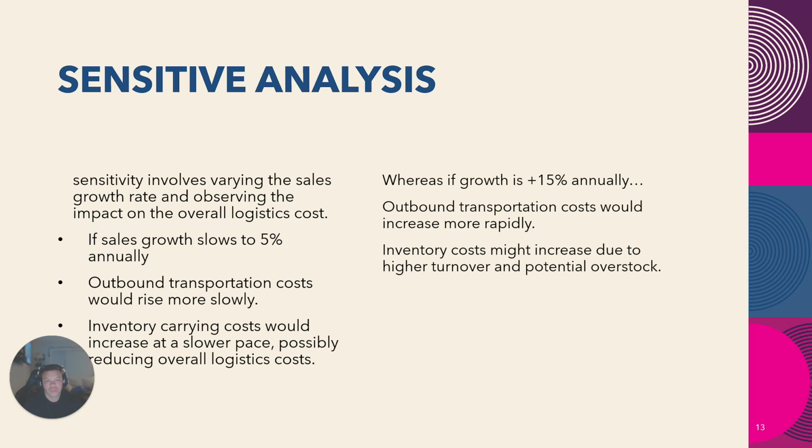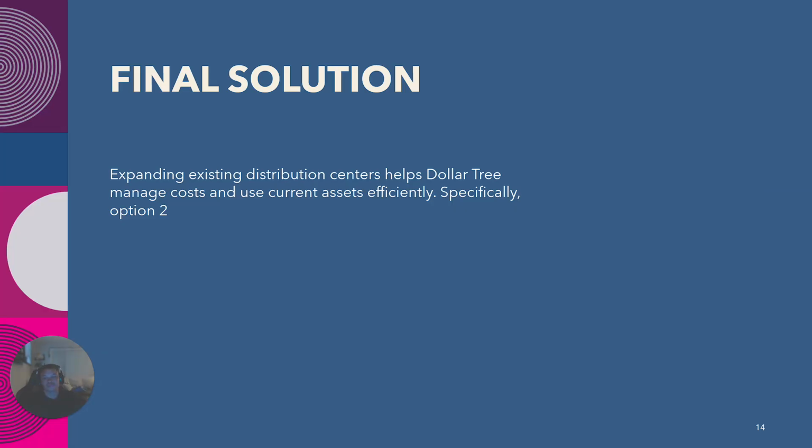Whereas if growth increases 10-15% annually, the outbound transportation costs would increase more rapidly. Inventory costs might increase due to higher turnover and potential overstock. But ultimately, the final solution is that expanding existing distribution centers helps Dollar Tree manage costs and use current assets efficiently.